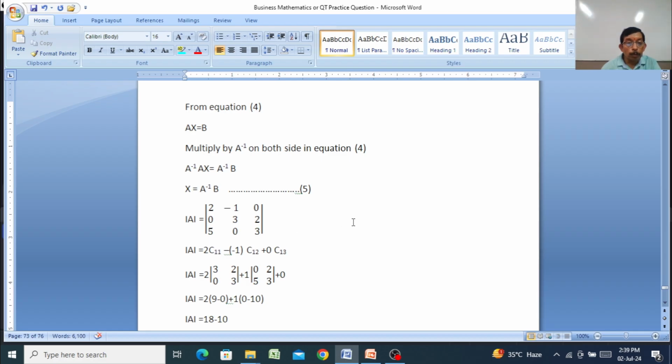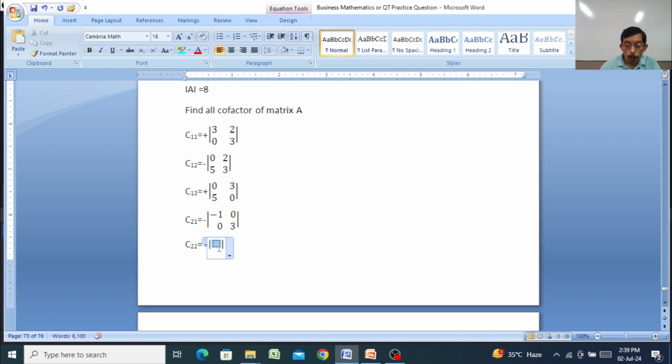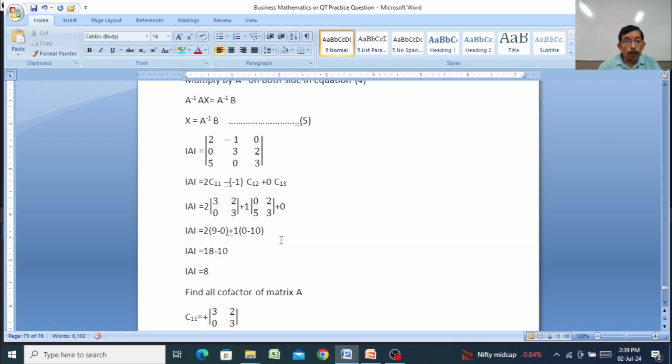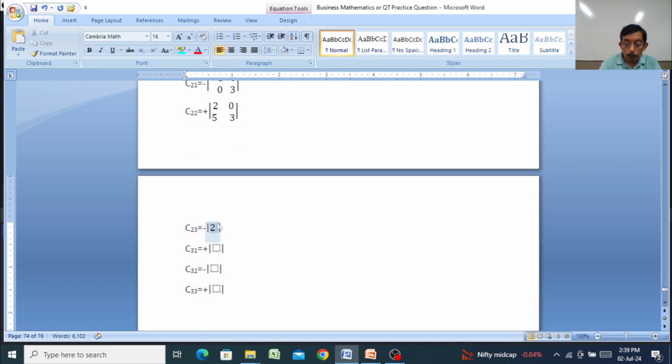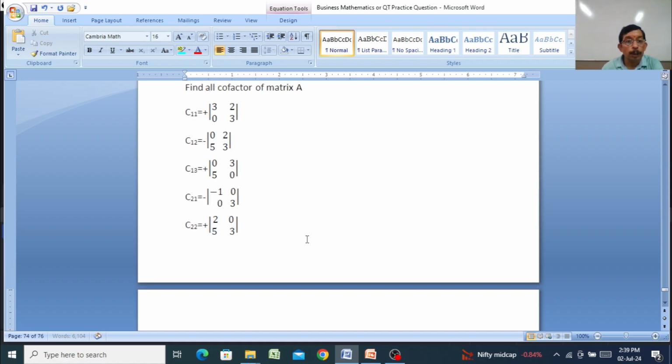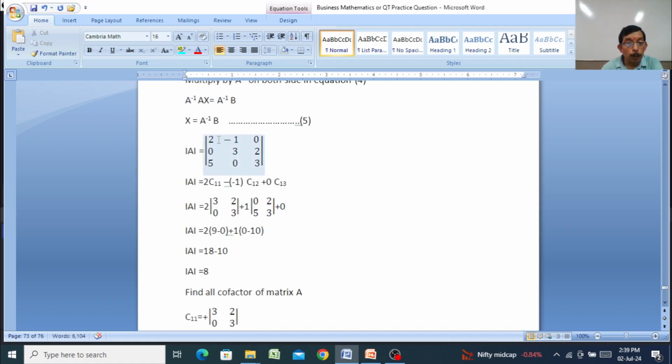And C23, second row, third column element, cancel out, and the remaining elements are 2, minus 1, 5, 0.